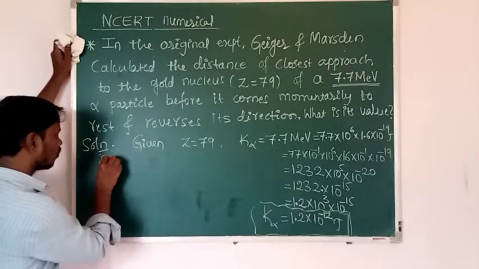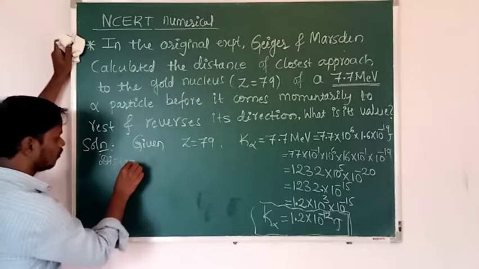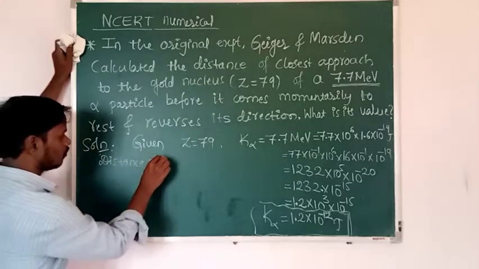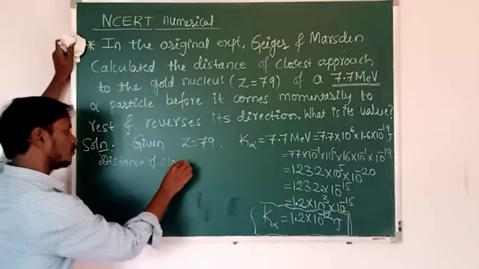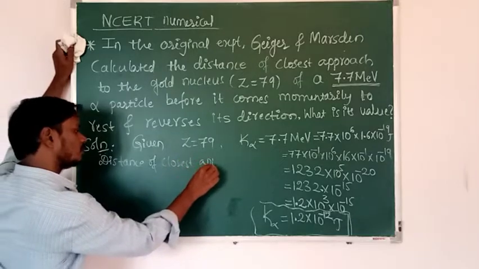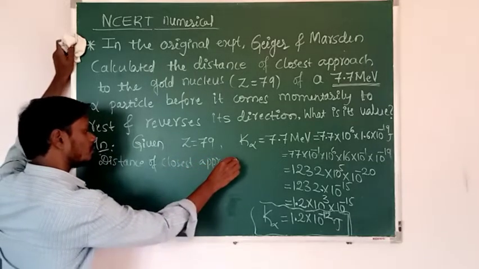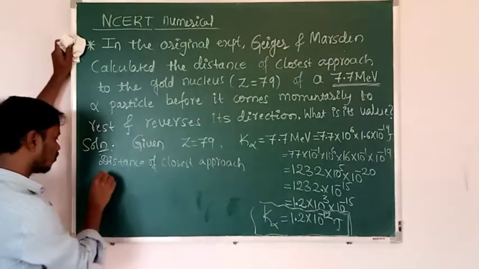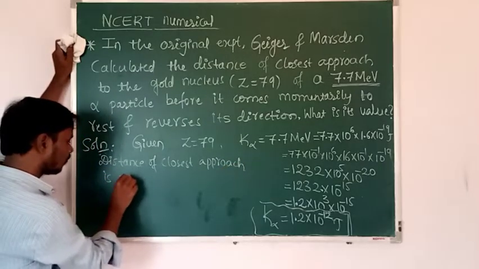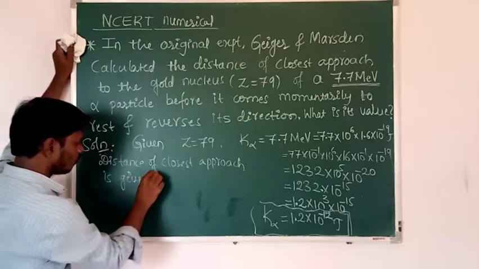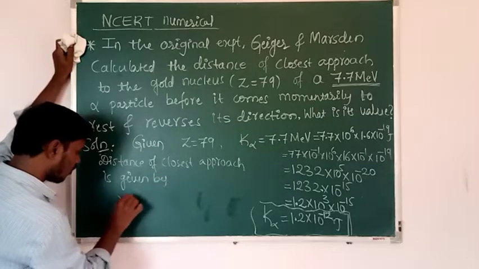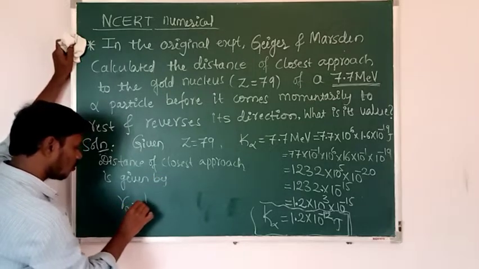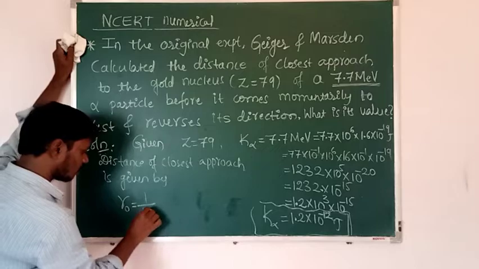Distance of closest approach is given by R naught is equal to 1 by 4 pi epsilon naught.